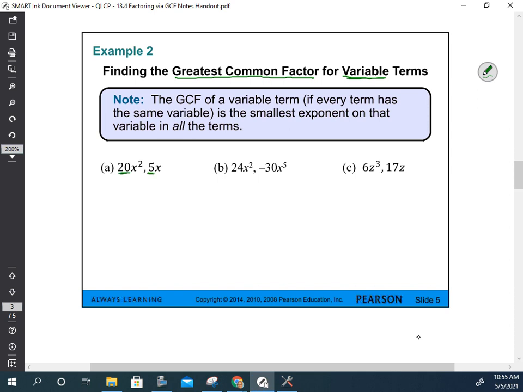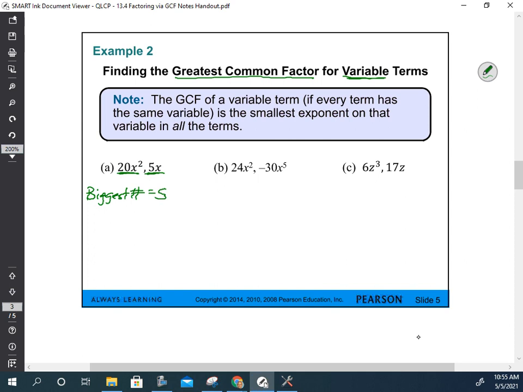The numbers we've already dealt with. What divides out of 20 and 5? 5. So the biggest number you can take out is 5.